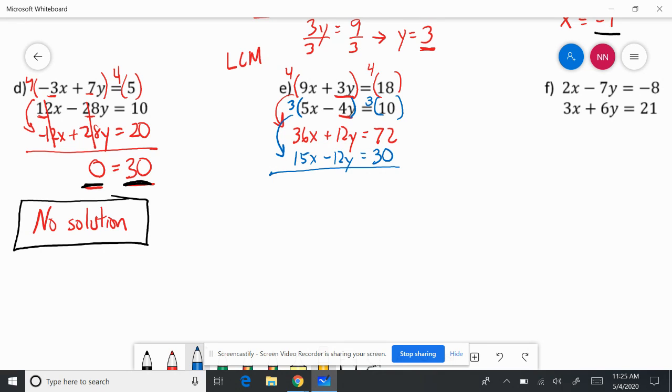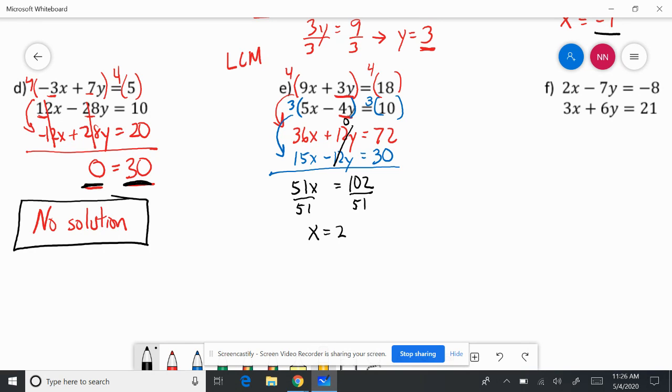I'm going to combine the two equations. When I combine the two equations, these two right here add up to 51. The y's cancel, they become 0. 72 plus 30 is 102. I'm going to divide each side by 51. So x is equal to 2.